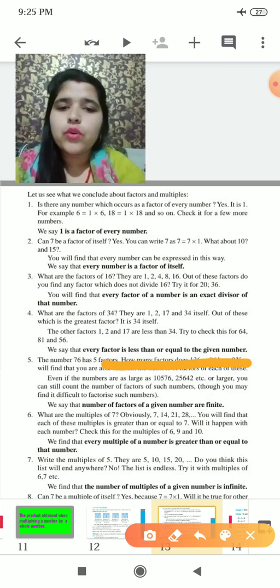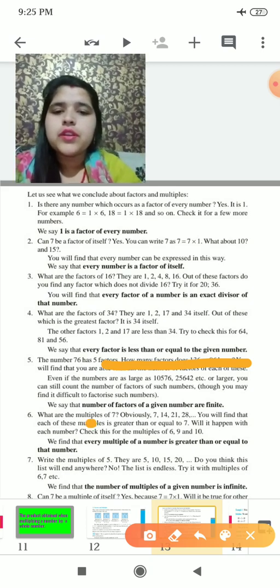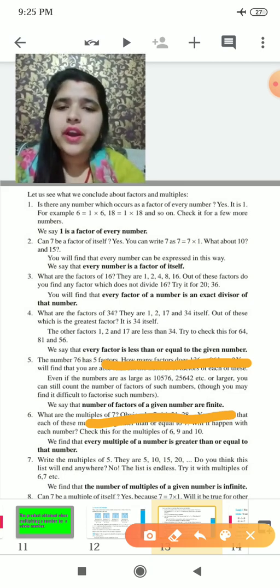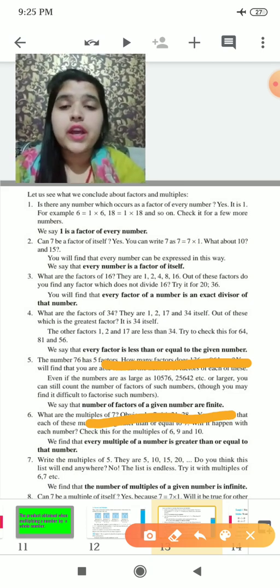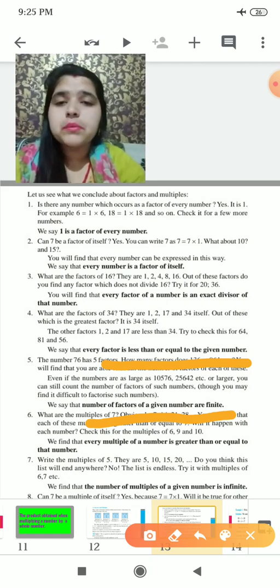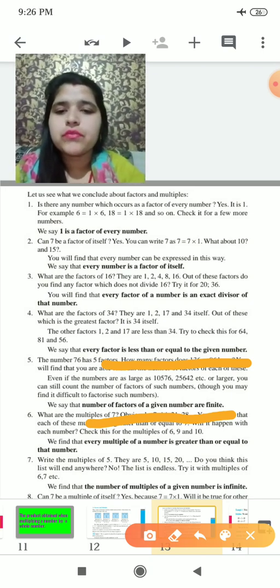It may be equal or it may be less than. Number of factors of a given number is finite. It means it could not be infinite, it will be a particular number. It will have a definite, finite value.